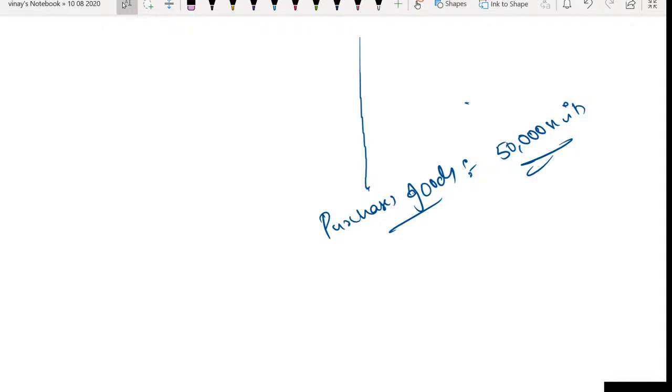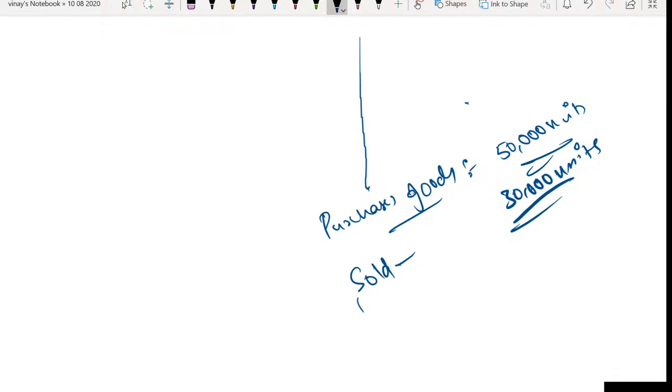But when you go to the profit and loss account, your matching principle will override your periodicity concept. Out of these 50,000 units, I have sold only 30,000 units.